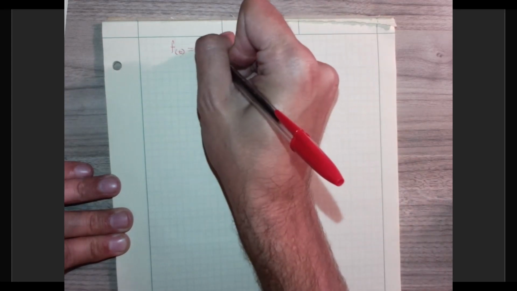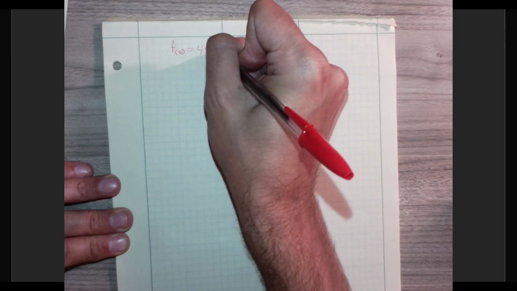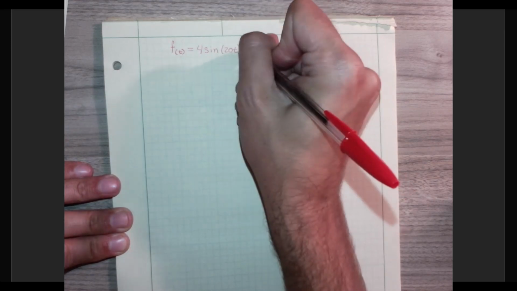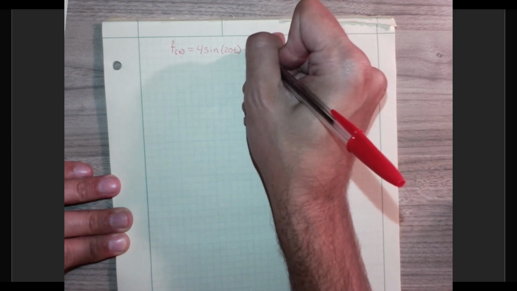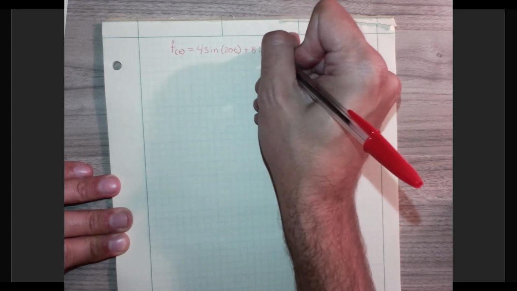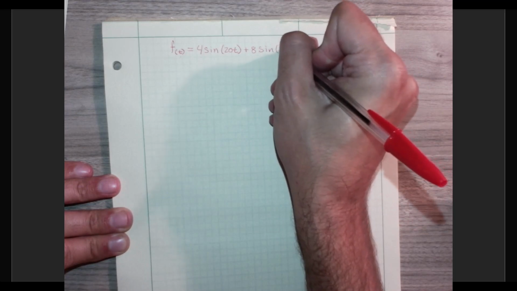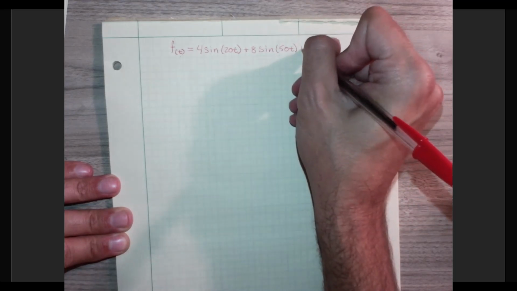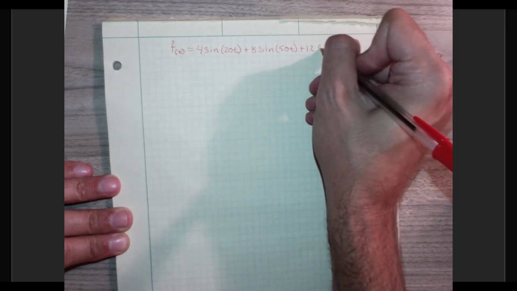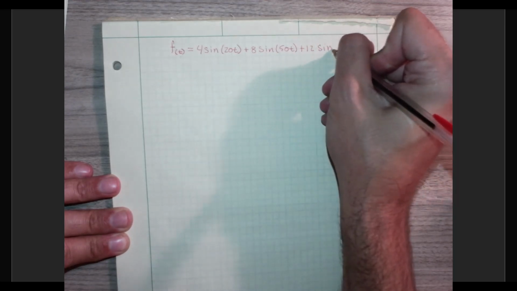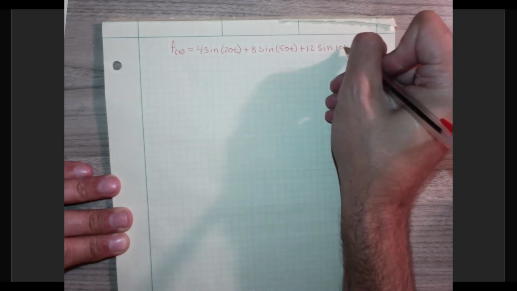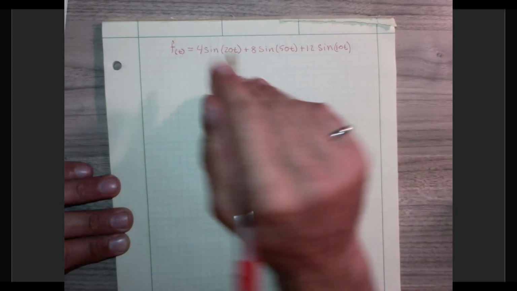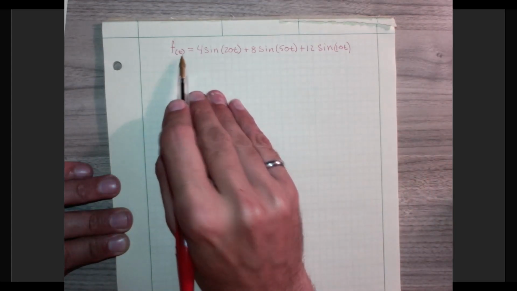And I have 4 sine 20t plus 8 sine 50t plus 12 sine 10t. Alright, so there's our function. We know we're in the time domain.